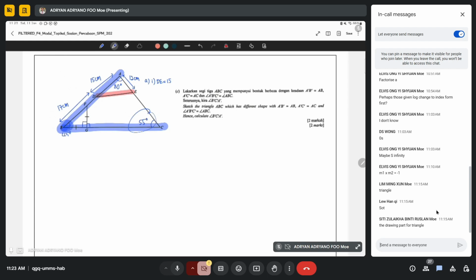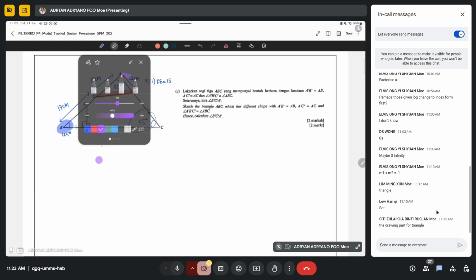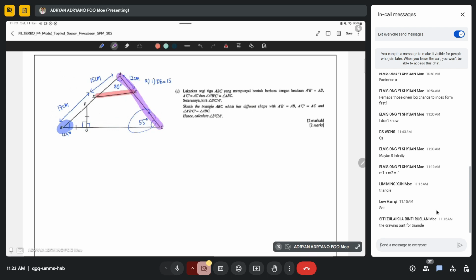The only line I can move is AC. So I pull it in, like this, and this is my triangle now. After you draw the triangle, you can calculate the value as usual.